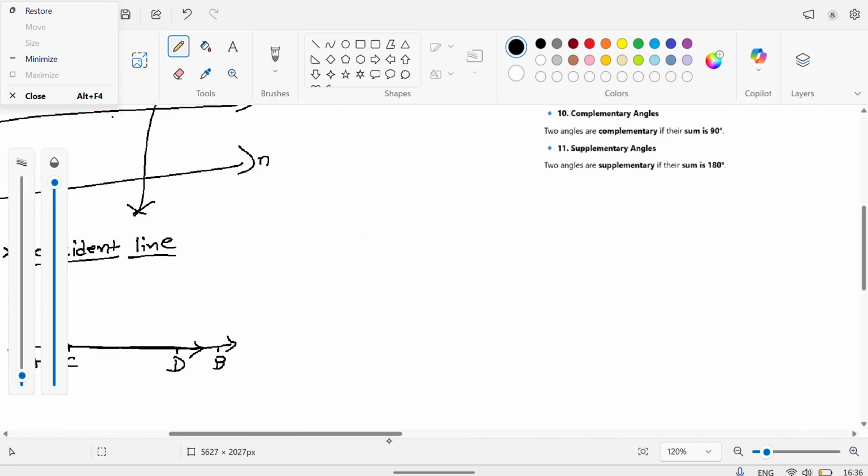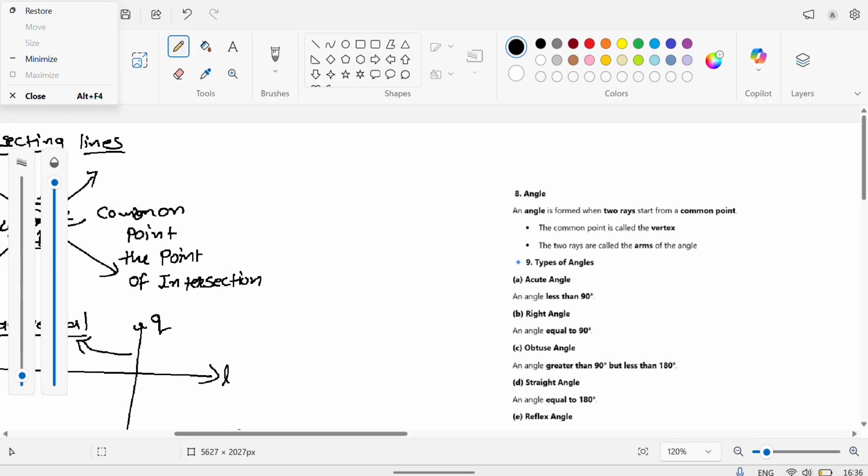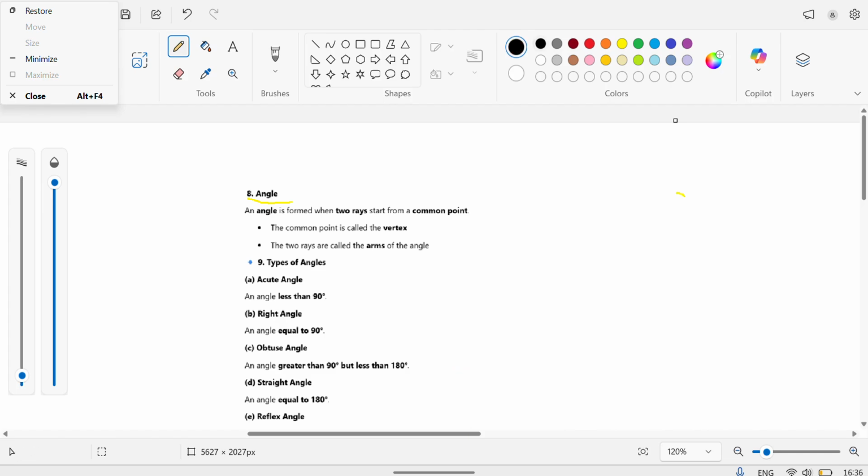Now in the next section we're going to introduce some other terminology related to angles. First we get an idea about the angle. What is an angle? An angle is a geometric figure created by two rays which are produced from one common point.